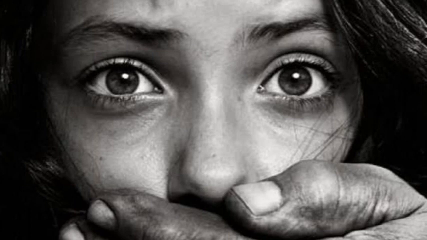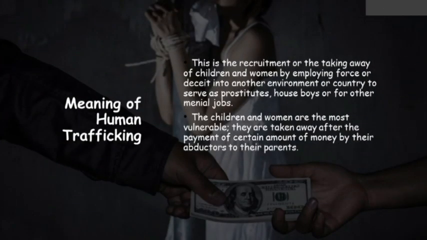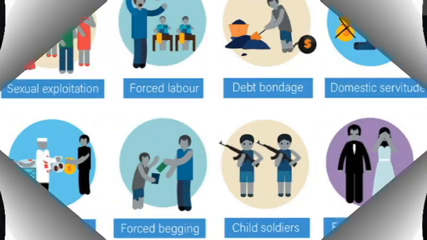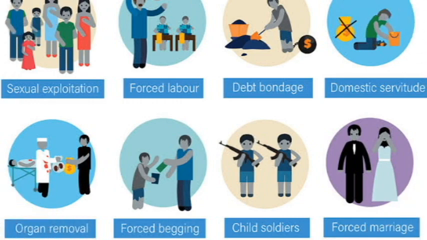Now, the meaning of human trafficking. Like I said earlier, human trafficking is a new form of slavery. Basically, human trafficking is the recruitment or the taking away of children and women by employing force or deceit into another environment or country to serve as prostitutes, houseboys, or for other menial jobs.